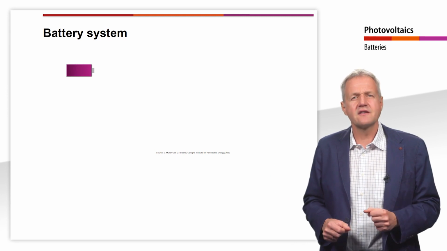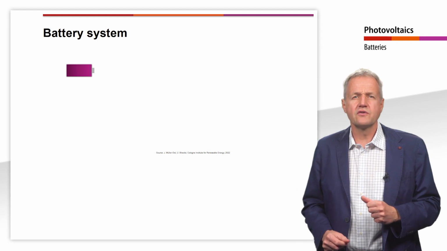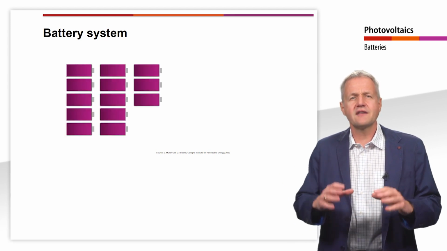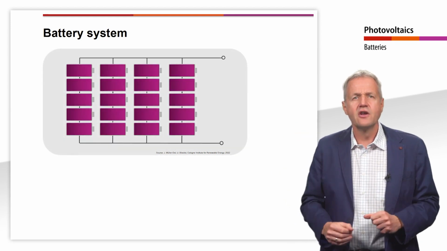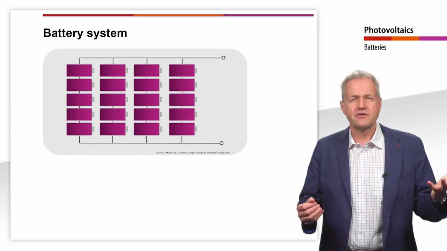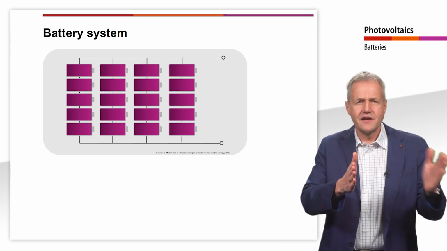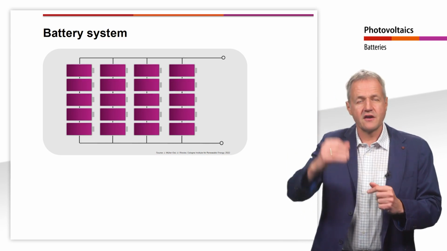In most cases, this voltage is too low for practical use, so several battery cells are usually connected in series to form a module. Such a module is also called a battery pack. When several cells are connected in series, the voltage can be increased.